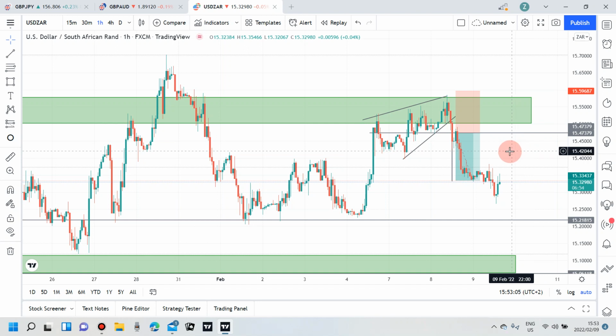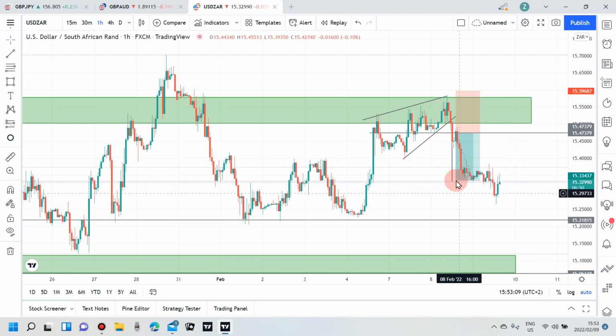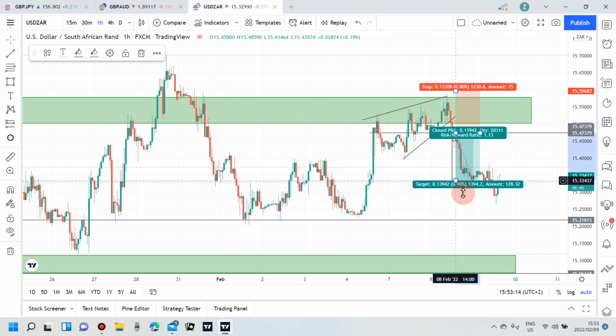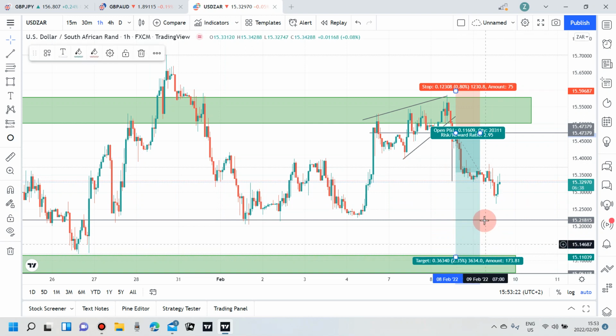As you can see here, you would have either set your take profit level according to your pattern, or you would have set your take profit according to your zones or your key levels.